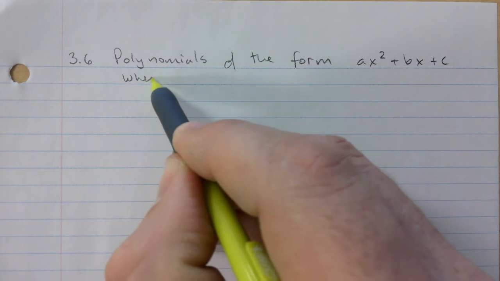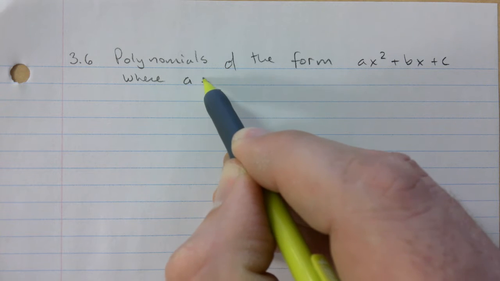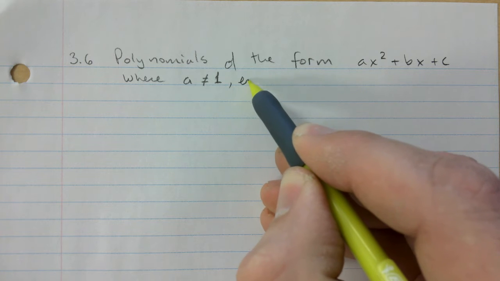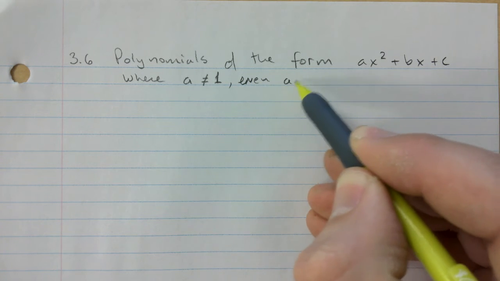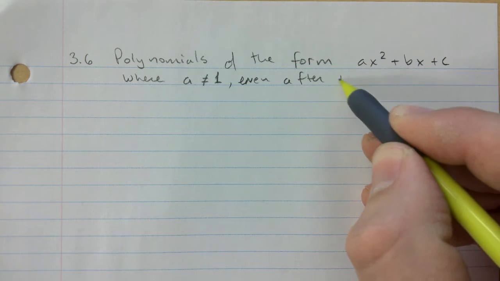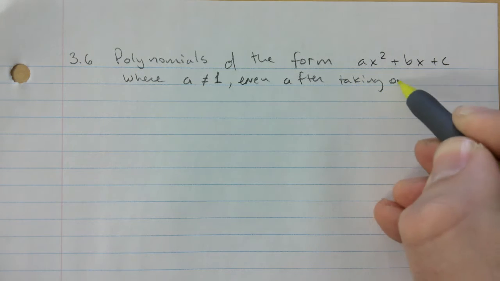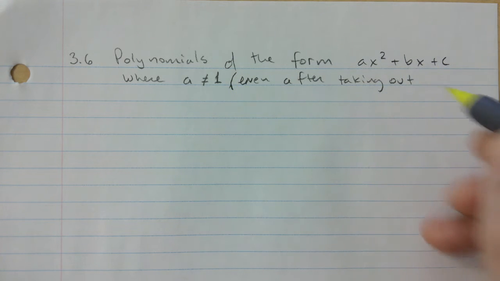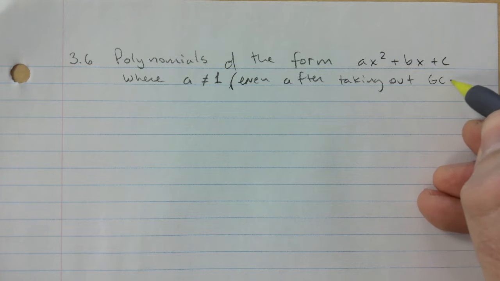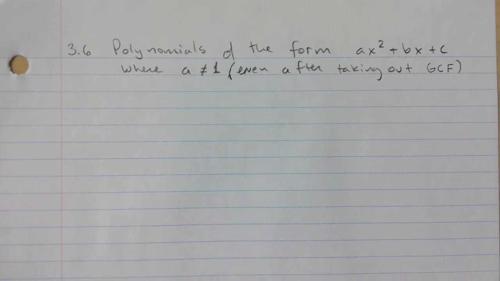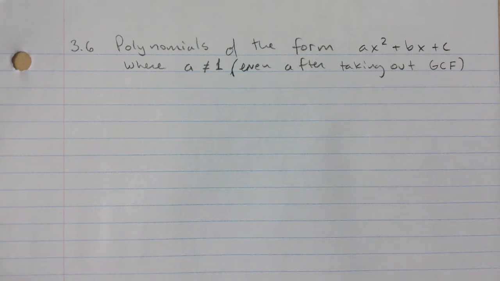Except today, we're going to look at a is not equal to 1, even after taking out, I will put this in brackets, the GCF, a common factor, okay? There's nothing that you'll be able to do. It'll just be a trinomial where a is not equal to 1.